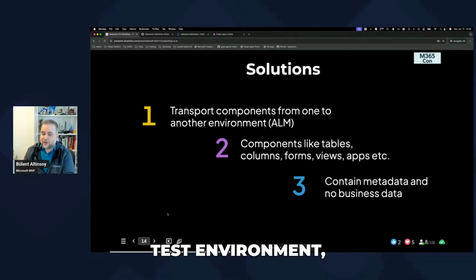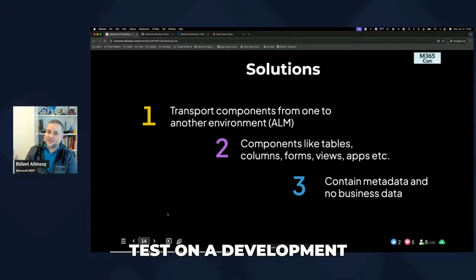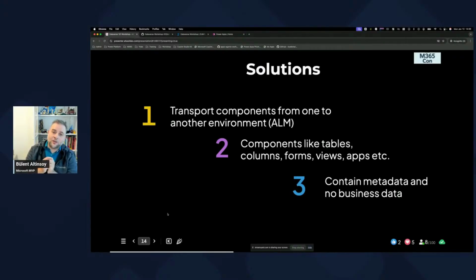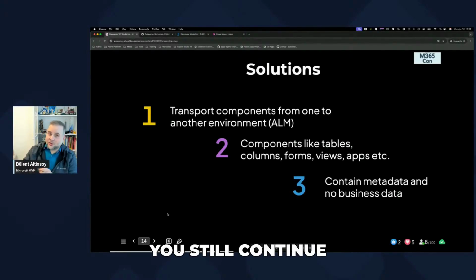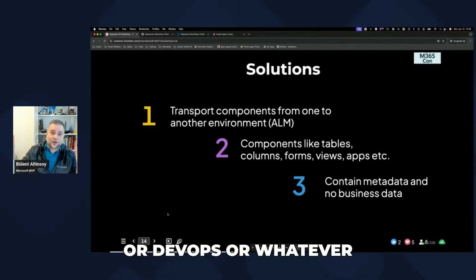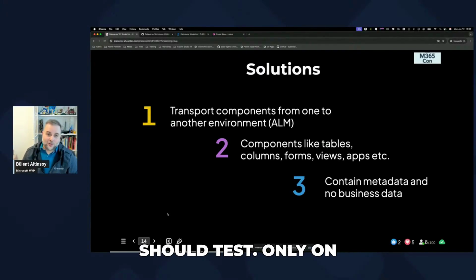In the test environment, you test together with the client, because a client can't test on a development environment. That's your own environment, and while the client is testing, you never know when the client has time to test. You continue with the workload from Jira or Confluence or DevOps or whatever you use for your backlog. So on dev, no one should test, only on test.